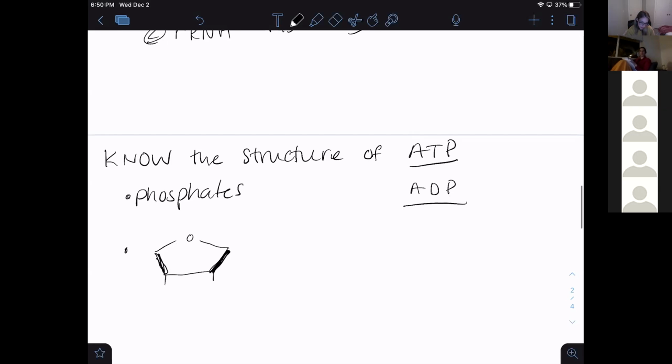So what goes here? OH. And what goes here? OH for the RNA. So is it another OH, or is it H? It would be OH because it's the ribose. So OH, right?